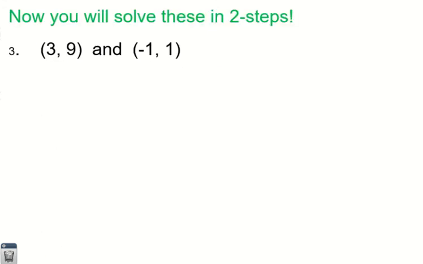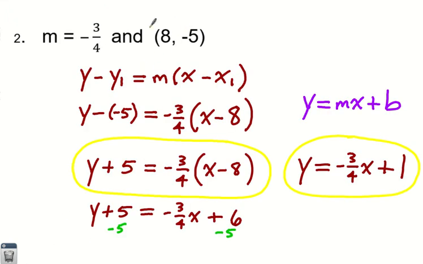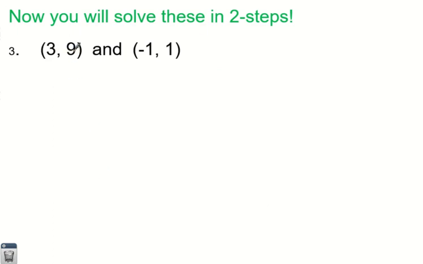All right, now a few examples like this where, oh man, they didn't give me the perfect ingredients. I mean, they did give us a point, but instead of giving us the slope for free, they just gave us another point.